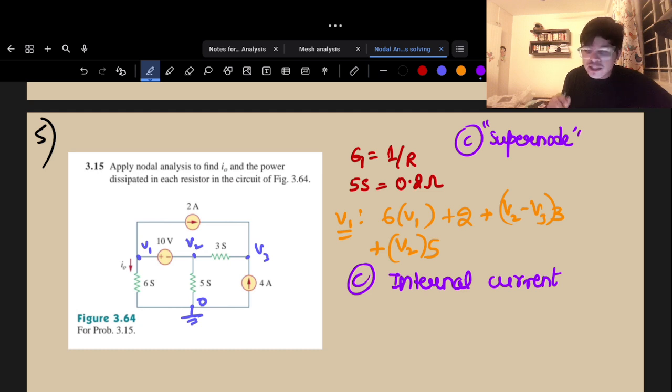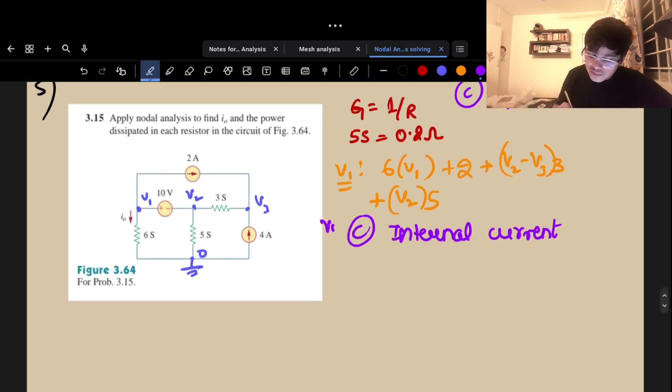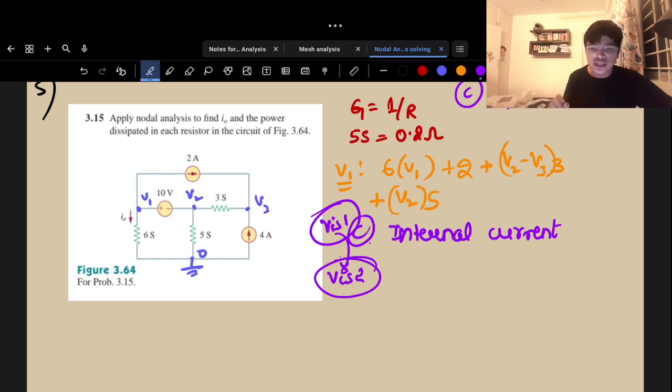See, I'll explain how. This is visualization one. This is quite fast. You can just ignore the internal current. But if you want to understand where this is coming from, for visualization one you have to go through visualization two. In order to understand visualization two, I'll simply show you the algebra.